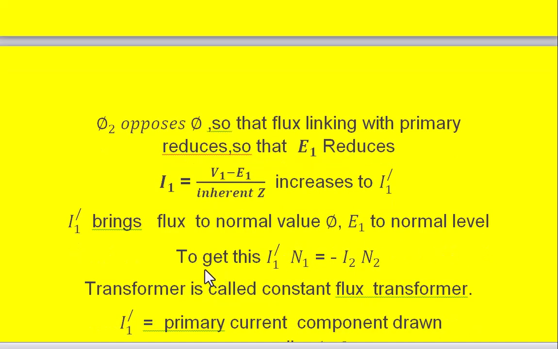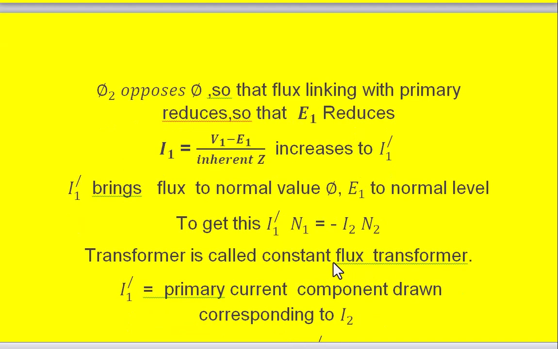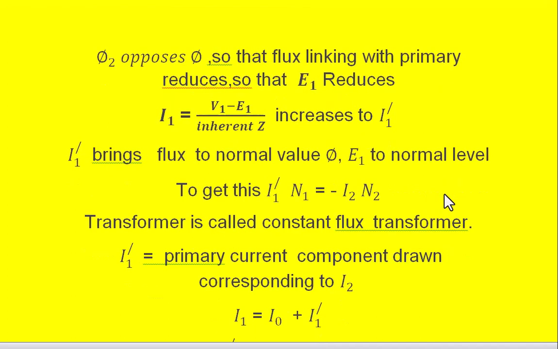So to get this, the primary ampere turns must be equal to the secondary ampere turns, that is I1 dash into N1 is equal to I2 into N2. Because the I1 dash N1 opposes the I2 N2, so we get here minus sign. So since the flux is established to the normal value, this device is called constant flux device or constant flux transformer.